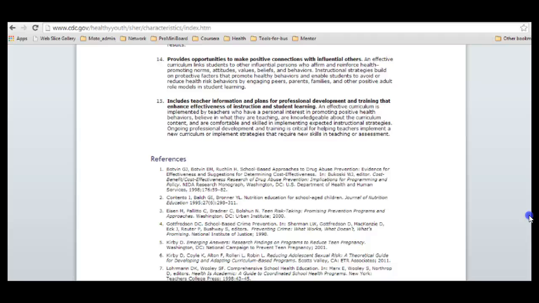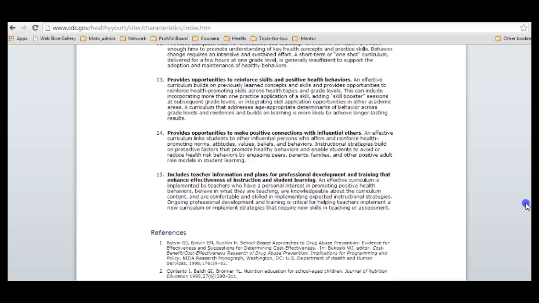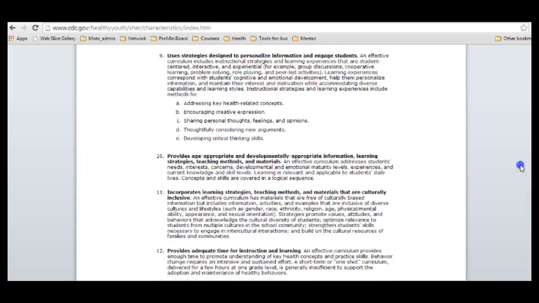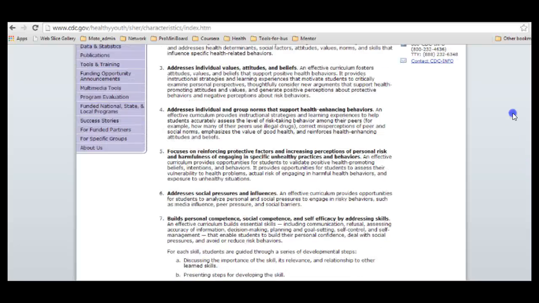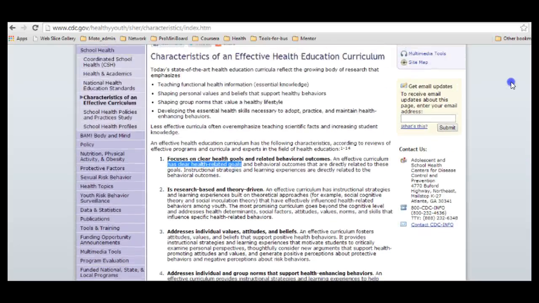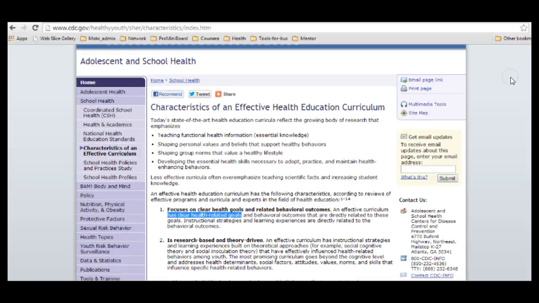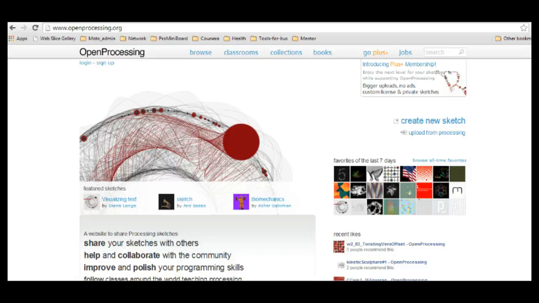In fact, these 15 points are a template for how to teach the student using the Sana app to make behavioral modifications that lead to healthy goals. This is under characteristics of effective curriculum on health.gov.